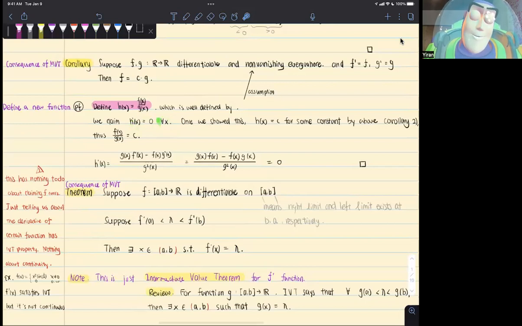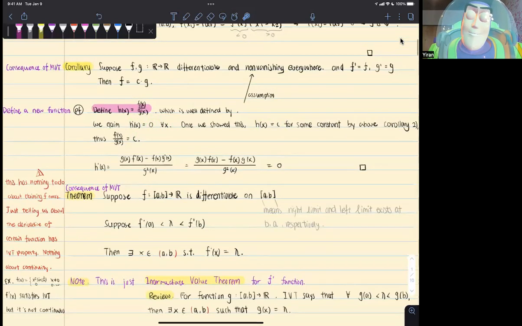Again, it's a translation of our problem, and I'm going to explain why we can translate this. Because when h prime of x is equal to 0, we know by a previous corollary or proposition that the function h must be constant. Whenever its derivative is 0, then the function must be constant.